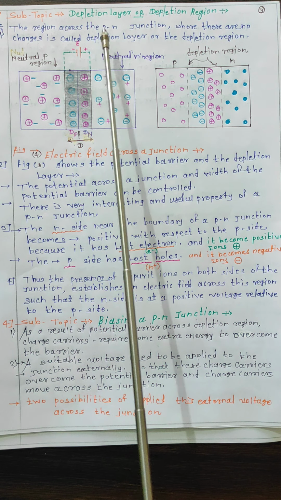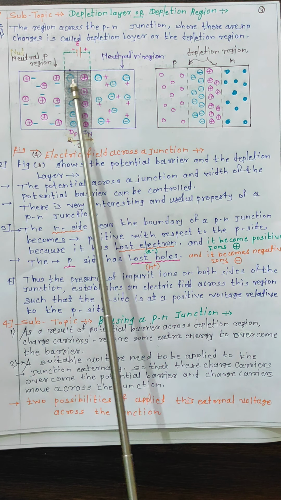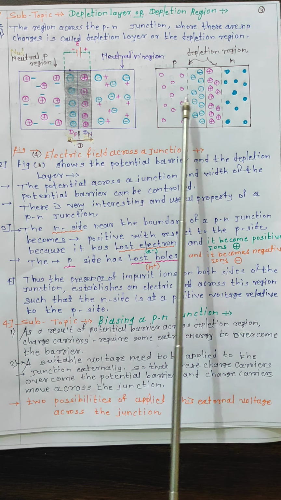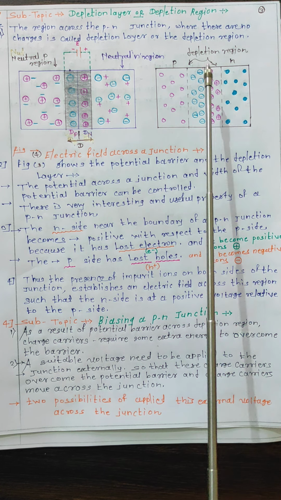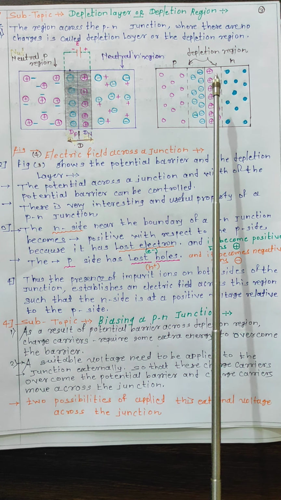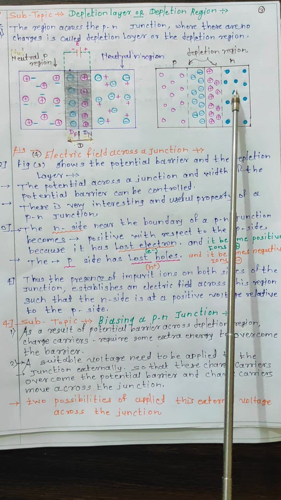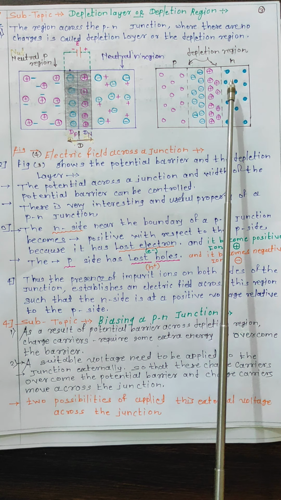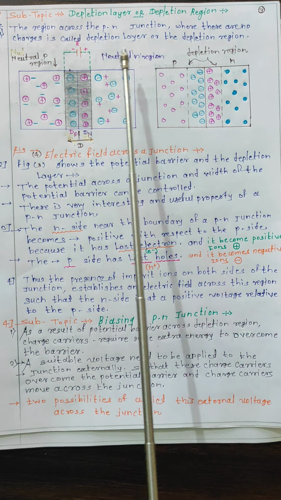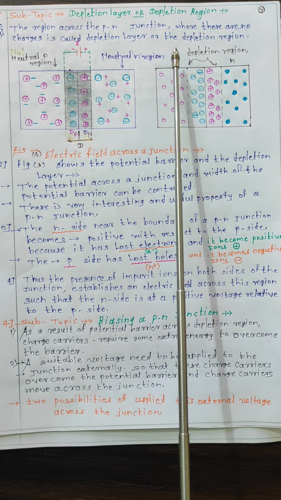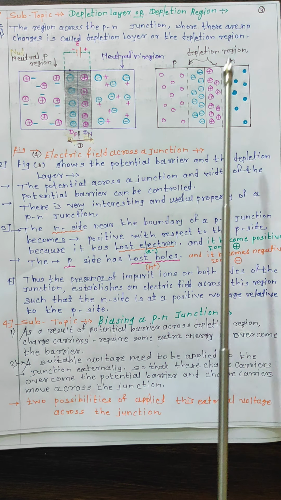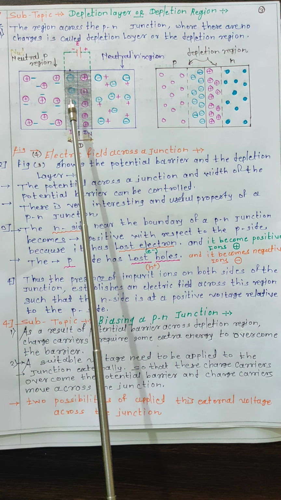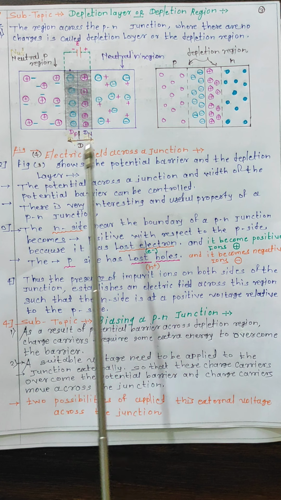In that region there is no free charge; that means neither positive nor negative charge carriers are present in that region. So this region is nothing but the depletion layer, or depletion region.